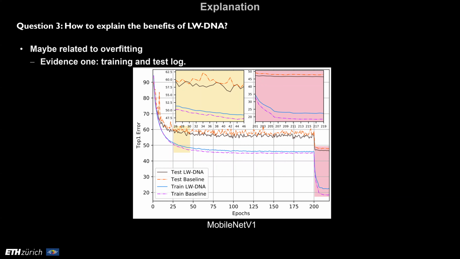And we have several pieces of evidence. The first evidence is a training and test log. In this log, we can observe that the training error of the LWDM models is higher than the baseline, but the test error is lower than the baseline. So this is evidence for overfitting.